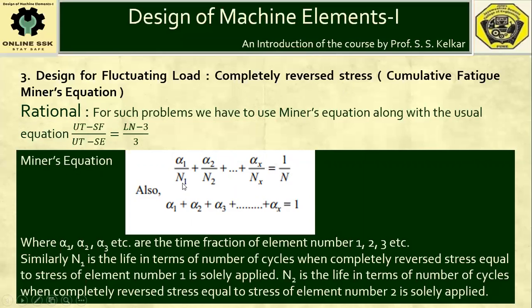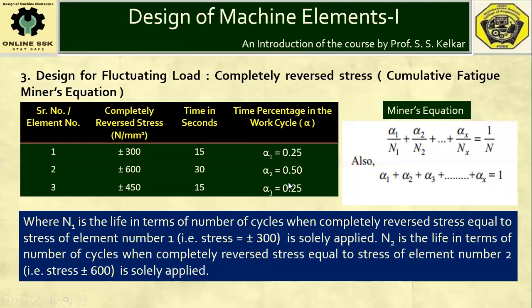Now let us consider the meaning of n1, n2, n3, etc. Here in alpha 1 upon n1, this n1 represents life in terms of number of cycles if the stress equal to the stress in element number 1 is solely applied.